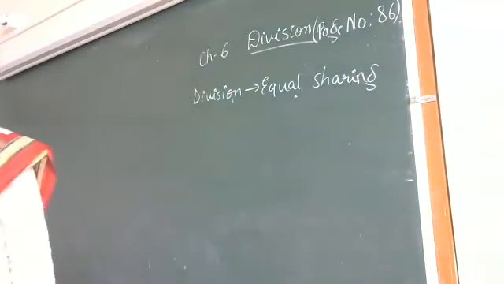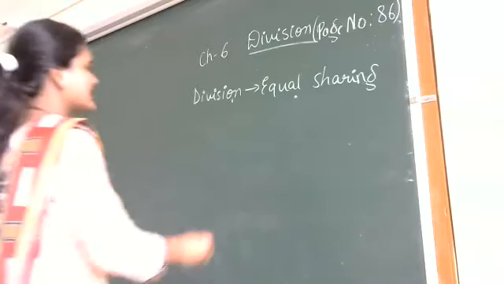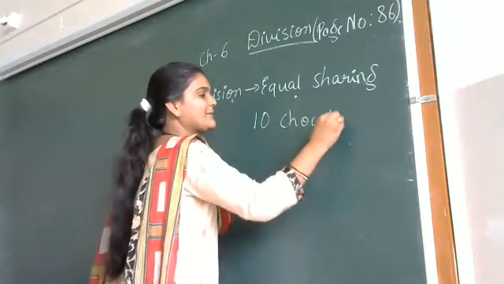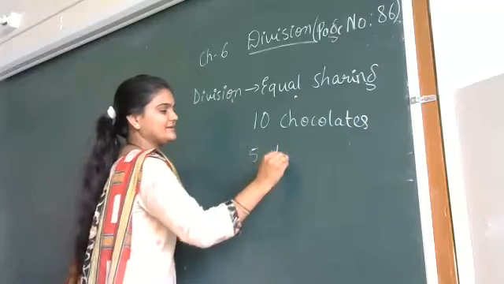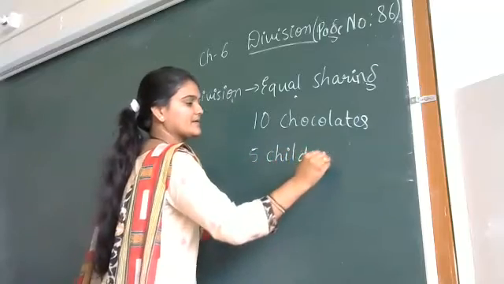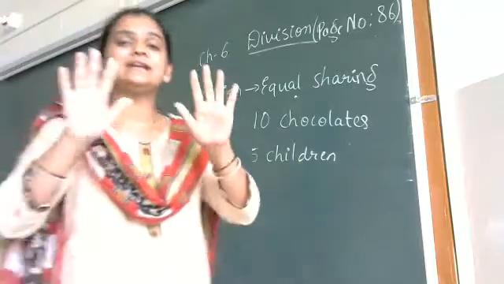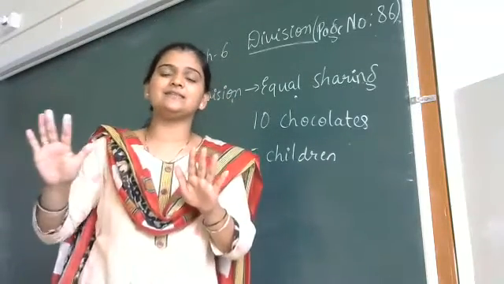sharing. Now, if we have 10 chocolates and we need to distribute them among 5 children. How many chocolates do we have? We have 10 chocolates. And how many children are there in the class?